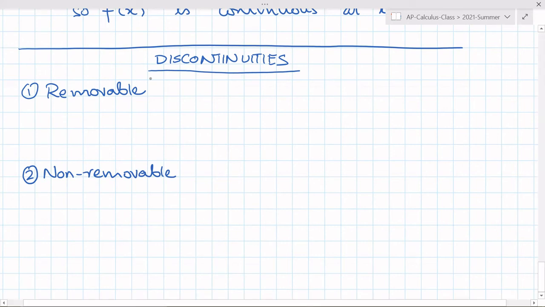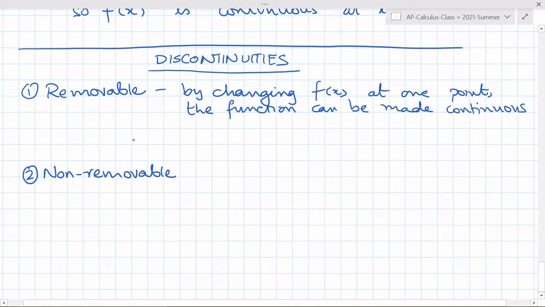Then that means I can remove the discontinuity. So it would typically be a hole like that, right? If I put a value here, then it will become continuous, correct? If I change the function by defining its value to be this same y, then it will be filled in, then it is continuous, right?